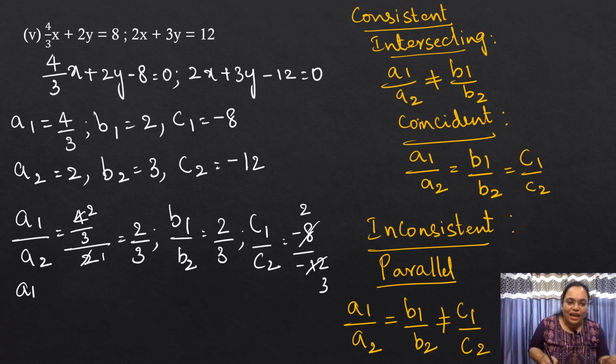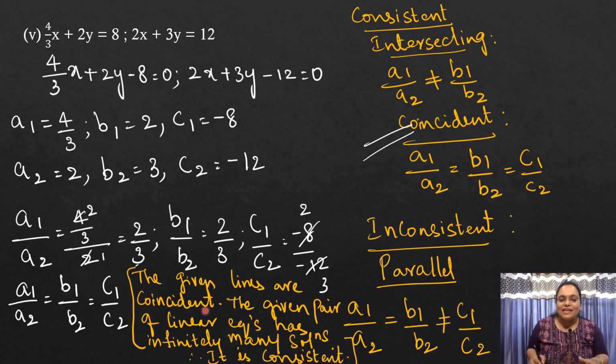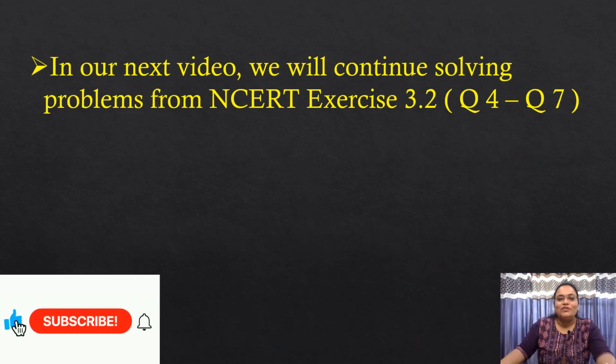So A1 by A2 is equals to B1 by B2 is equals to C1 by C2. So the given lines are consistent because the condition is A1 by A2 is equals to B1 by B2 is equals to C1 by C2. The given pair of linear equations has infinitely many solutions. Therefore, it is a consistent system. In the next video, we will continue solving problems from the exercise 3.2.